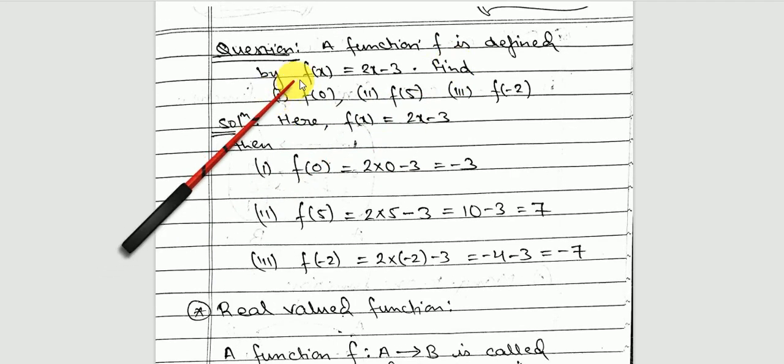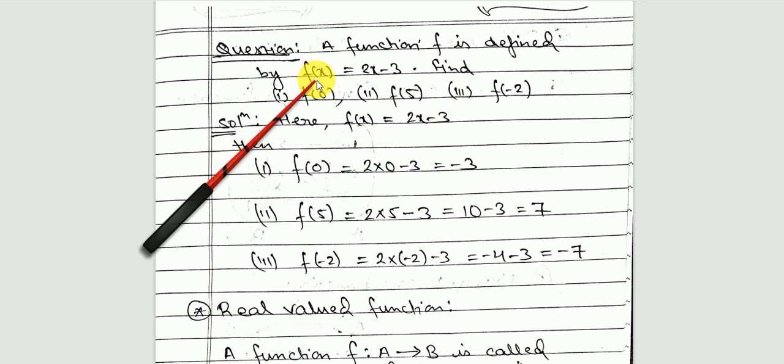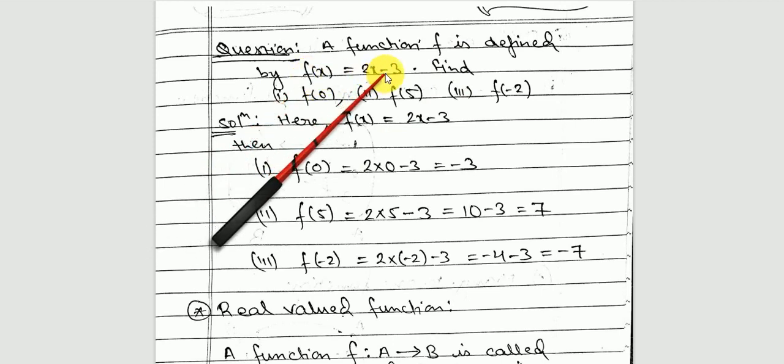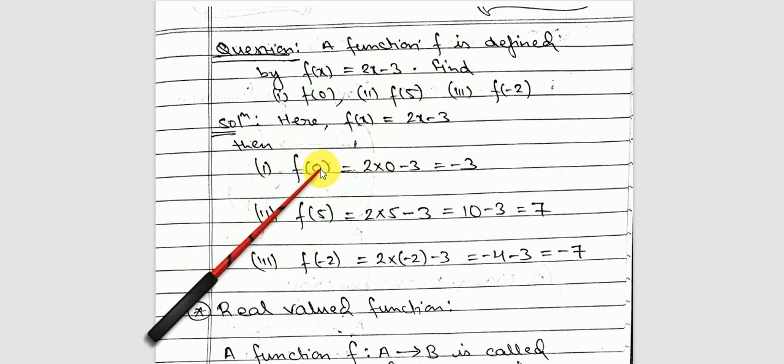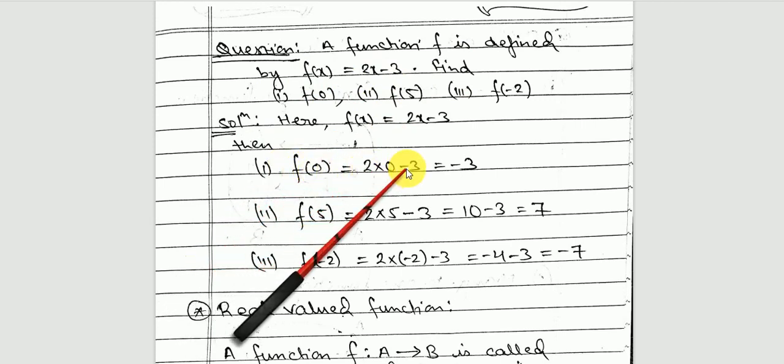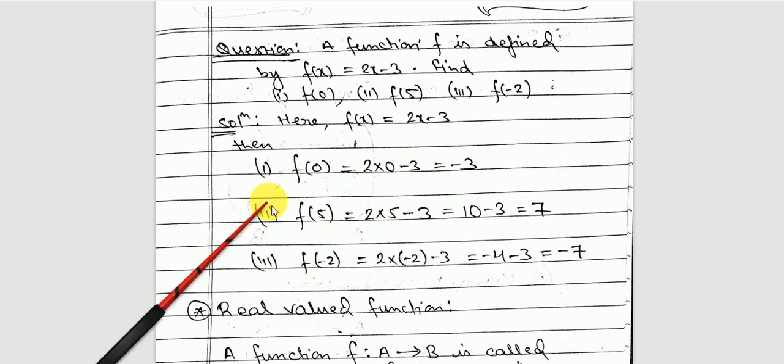So the elements are related under this function by this rule. If I take 0, then this 0 should be related to 2 into 0 minus 3, that means minus 3. If I take 5, then under the function f, that 5 should be related to 2 into 5 minus 3, that means 7.